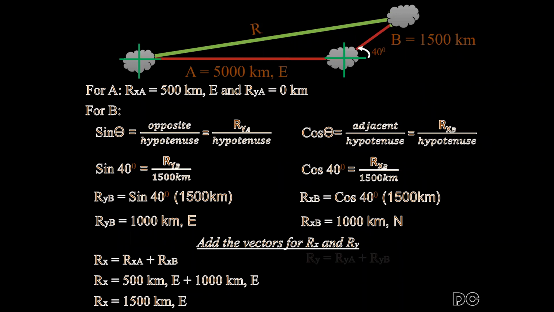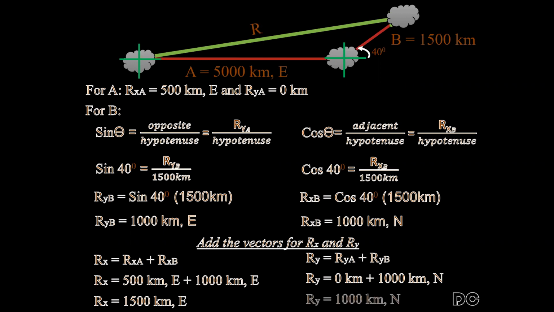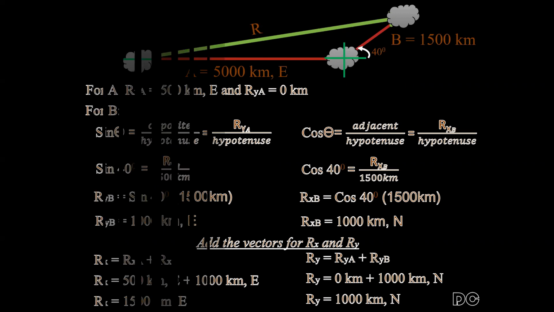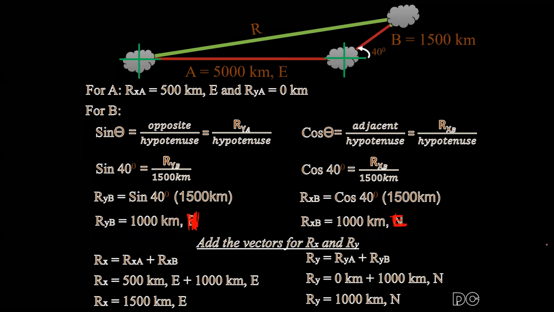Next is for r sub y. r sub ya plus r sub yb, since r sub ya is equal to 0, and r sub yb is equal to 1,000 kilometers north, that is equal to 1,000 kilometers north. Since we have our x and y components, we can now solve for our resultant.